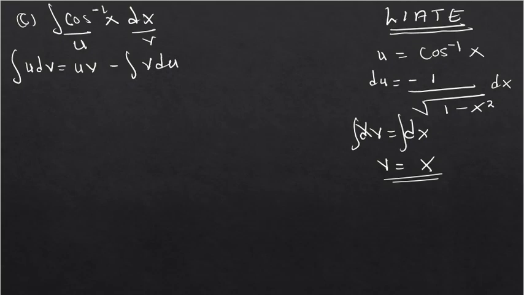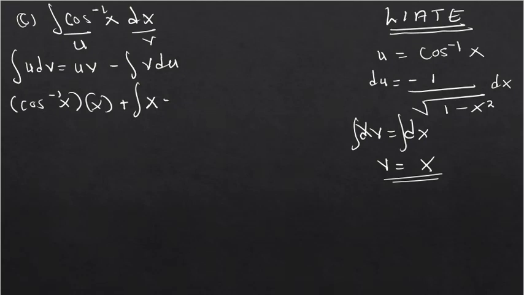If I do my replacements, what is my u? My u, of course, is cosine inverse of x, and my v is x, minus the integral of v du. V is x multiplied by this negative 1.